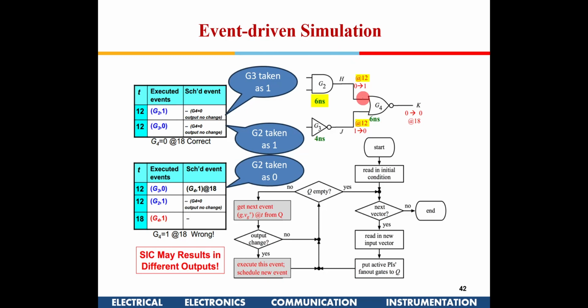Suppose for example this is a NOR gate. This input is changing from 1 to 0, and this one is changing from 1 to 0 at the same time, because this is coming from somewhere here. Let's not bother about what is here.